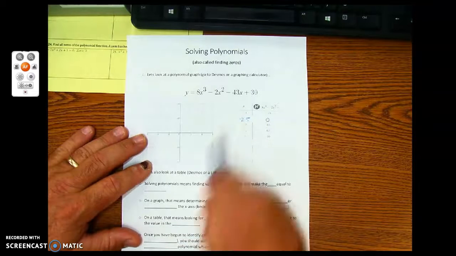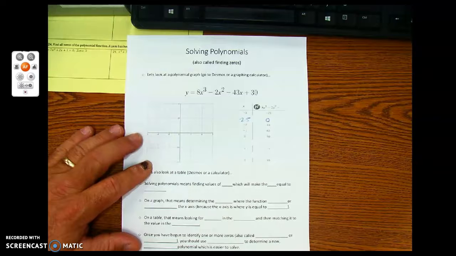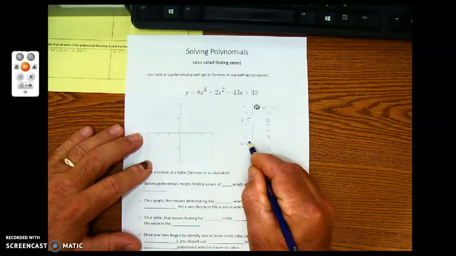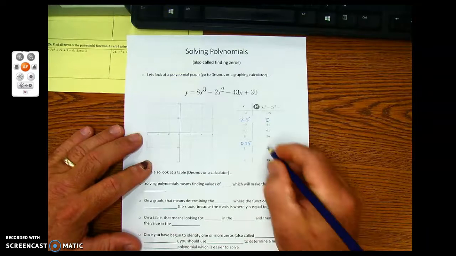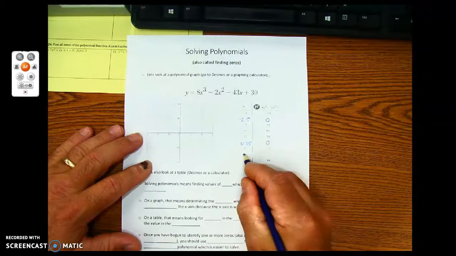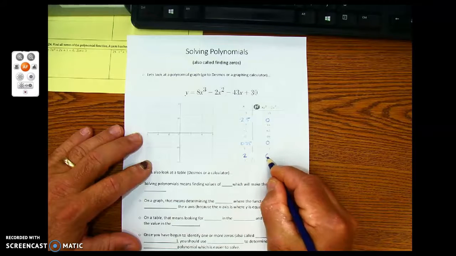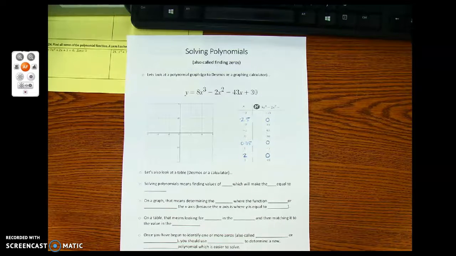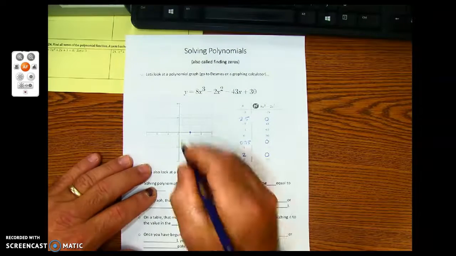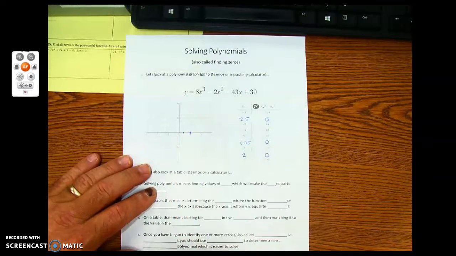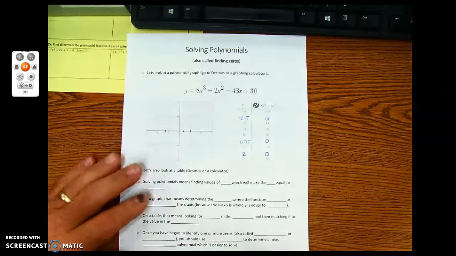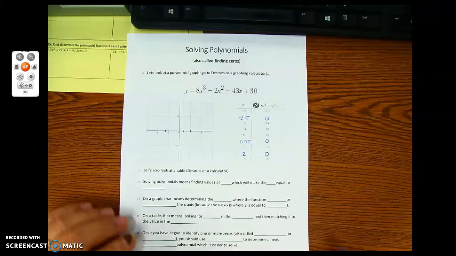It was where the graph crossed or bounced off the x-axis. 0.75 was also one of our solutions because it gave us a value of 0. And lastly, 2 was one of our solutions because it gave us a value of 0. So we know those points, 2, 0, 0.75, 0, and negative 2.5, 0 are all on the graph.